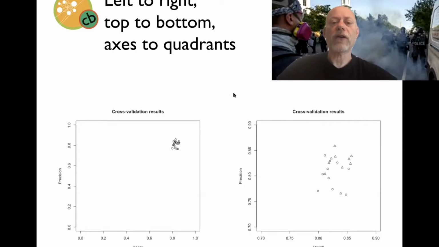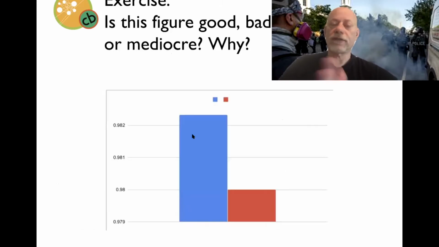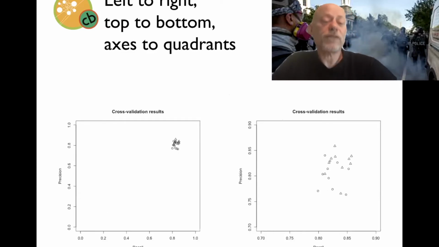So think about these graphs right here. Let's do our little left to right, top to bottom, axes to quadrants. Looking at the figure on your left, looking at the y-axis, we see that the range is from 0 to 1, and what's being graphed there is precision.